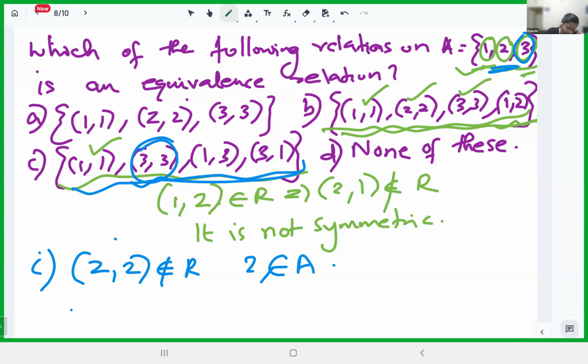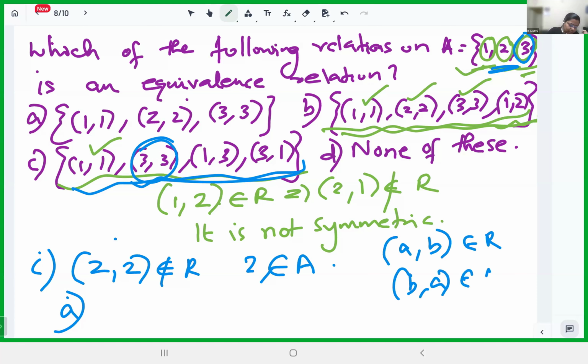Now we are moving on to the first option A. Okay, first option, that is (1, 1), (2, 2) and (3, 3). So clearly it satisfies the reflexive property, right? It satisfies the reflexive property, and we can say that it is symmetric as well as transitive. Why can we say that? We cannot take an ordered pair (a, b) belongs to R which does not satisfy (b, a) belongs to R, right?